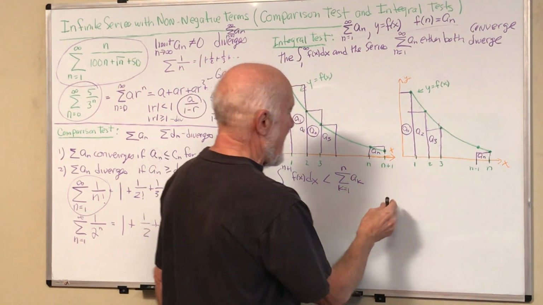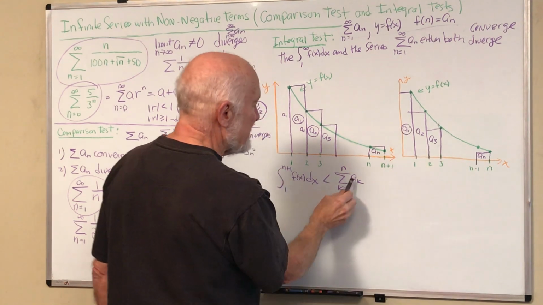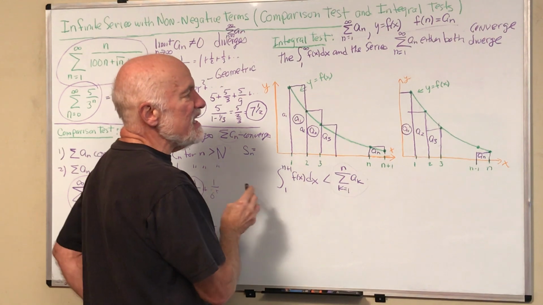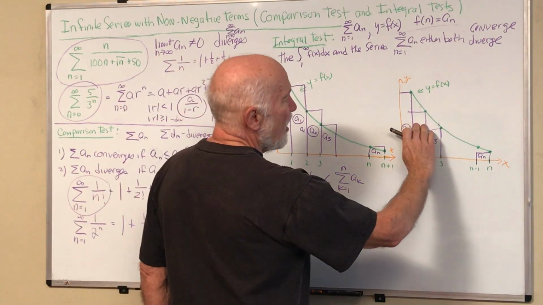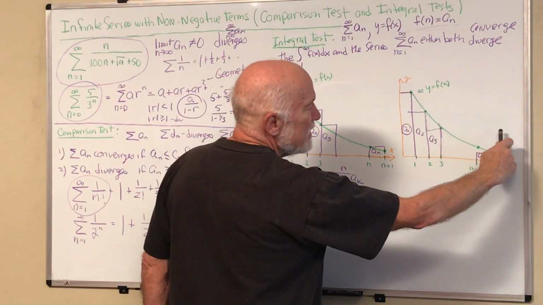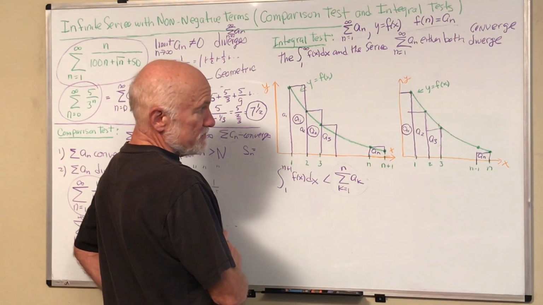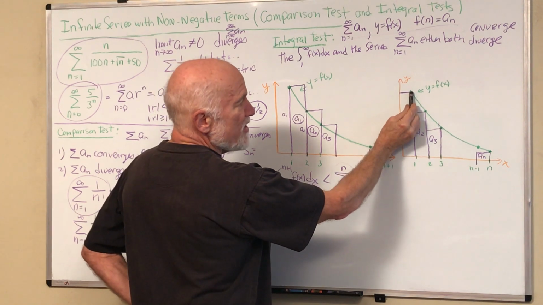So if I add up all those rectangles, I'm going to get this same thing, and you can see that all the rectangles are below this function.